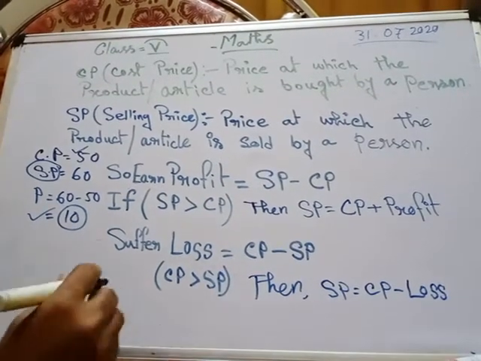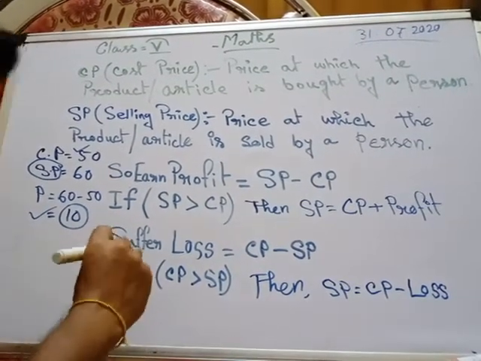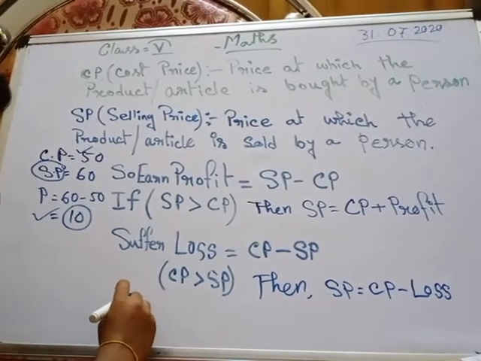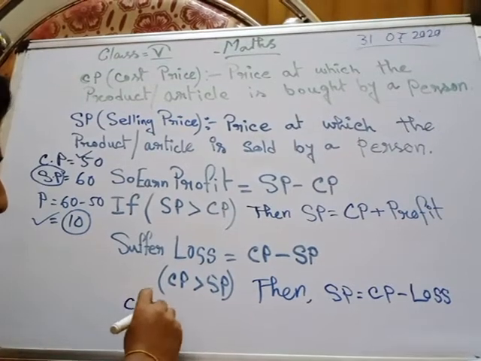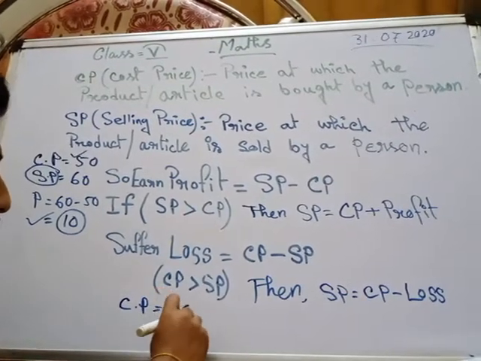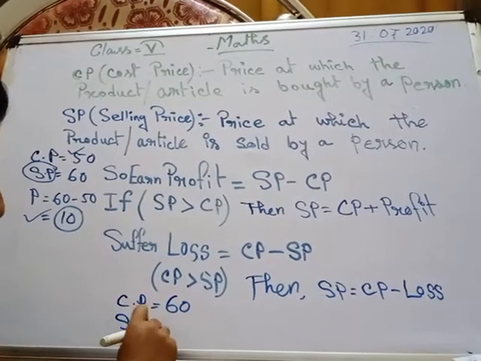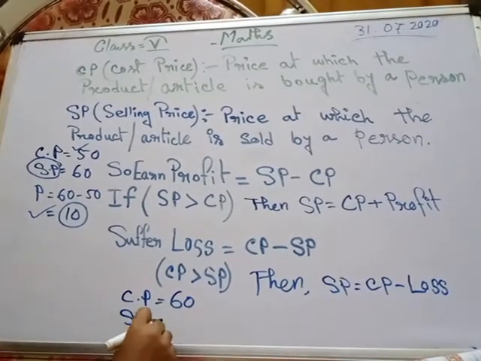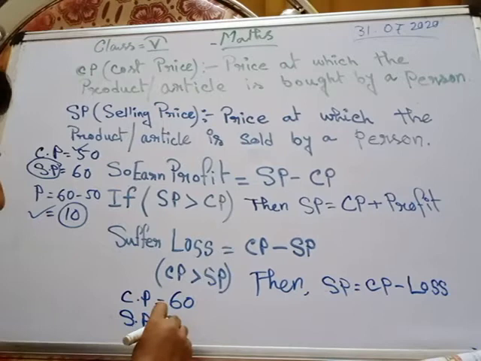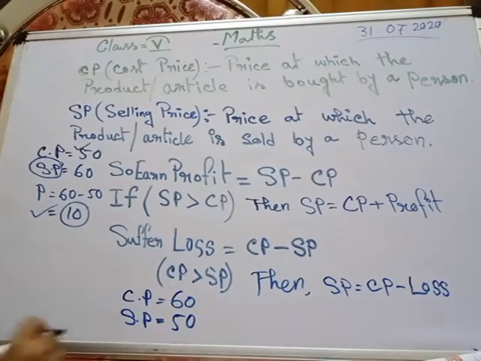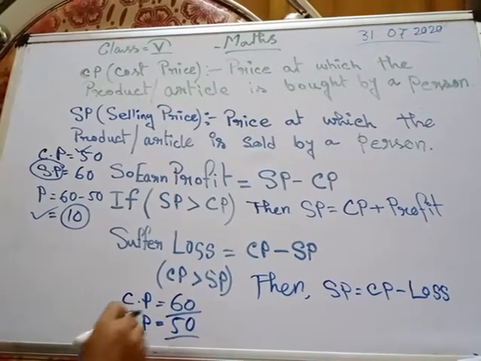Suppose you buy one article for 60 rupees, but unfortunately you sell it for 50 rupees. That means you are suffering a loss.